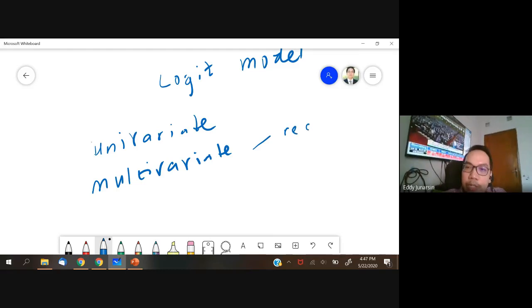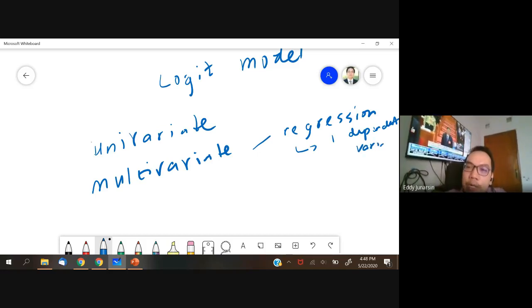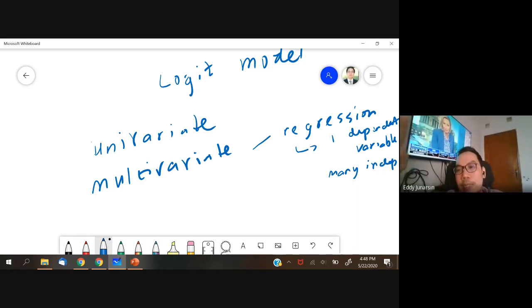So if we talk about regression, it means that you have one dependent variable, one y variable, and many independent variables. So one y variable and many x's, right? Many x variables.